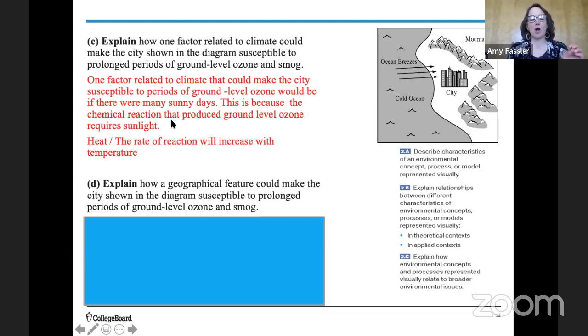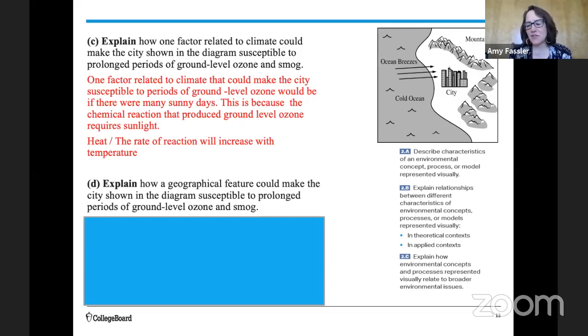So remember that the sunlight is an essential ingredient in the formation of photochemical smog. You could also have talked about heat. I'm thinking that's a climate factor that makes sense because all chemical reactions, like that chemical reaction that makes the photochemical smog, happen faster at warm temperatures.